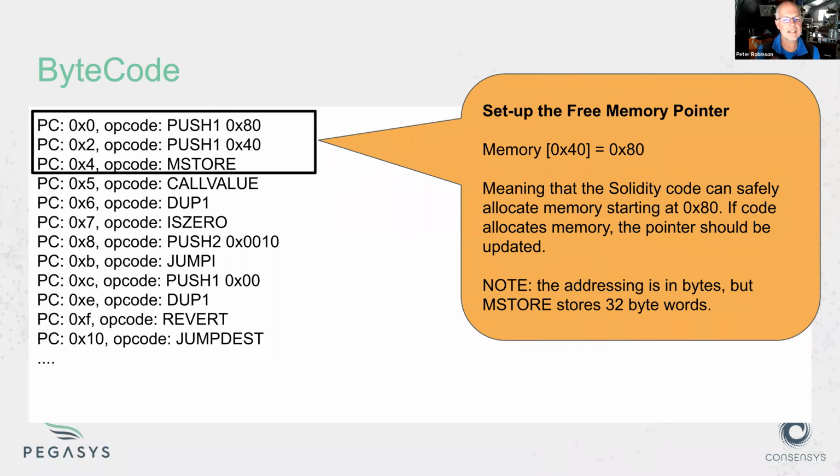If it allocates some information into memory, then it will need to update the free memory pointer. It's interesting to note that 0x40 is a byte offset and not a word offset. Though we are storing whole words, it's actually a byte offset.